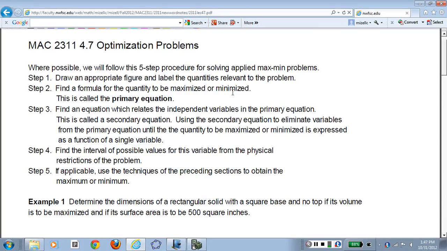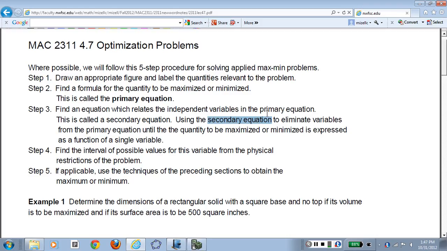But we may have more than one variable. And there generally are a couple of variables, so we want to find an equation which relates those variables with each other. This is usually called the secondary equation. We'll take that equation and solve it for one of the variables in terms of the other variable.